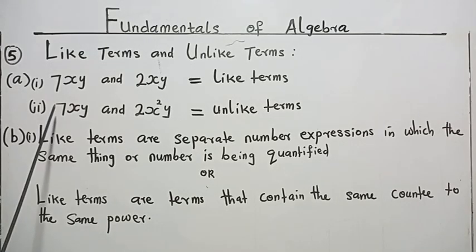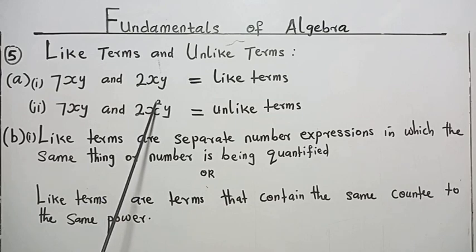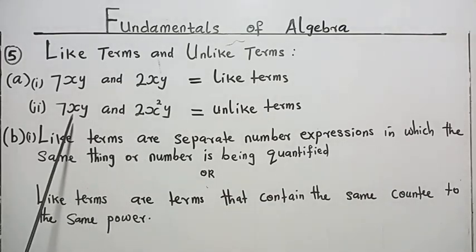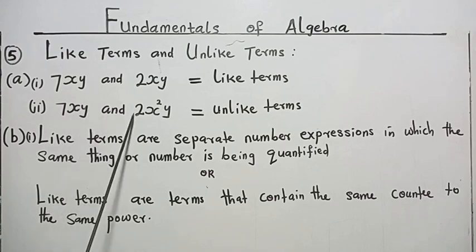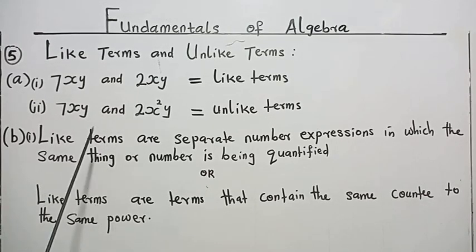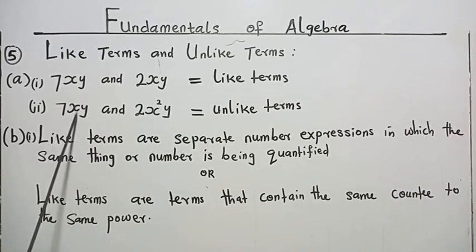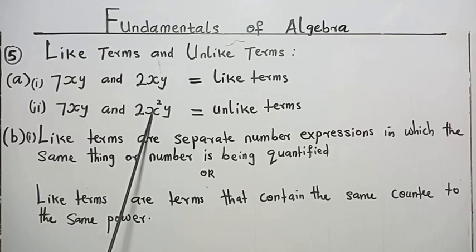Yes, that 7xy and these two xy's, x squared y, are separate number expressions. But is it correct to say that both 7 and 2 are quantifying the same thing, the same number? xy is what 7 is quantifying here. x squared y is what 2 is quantifying.